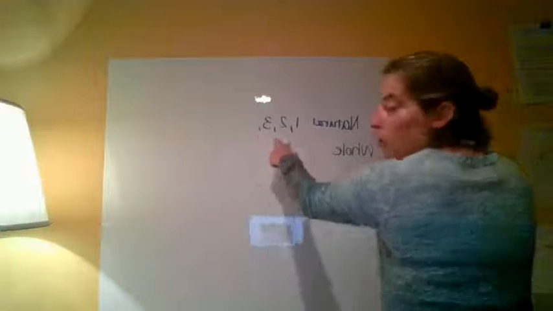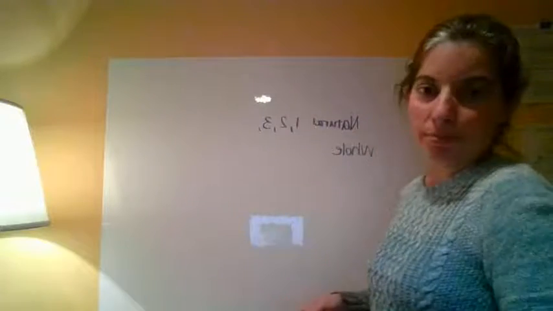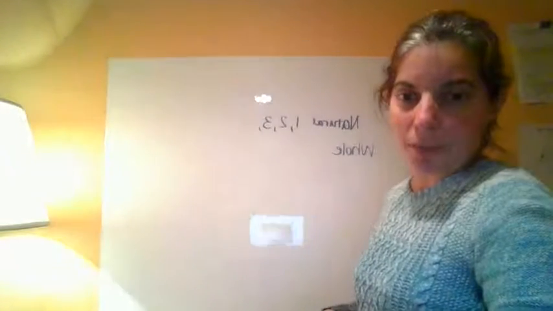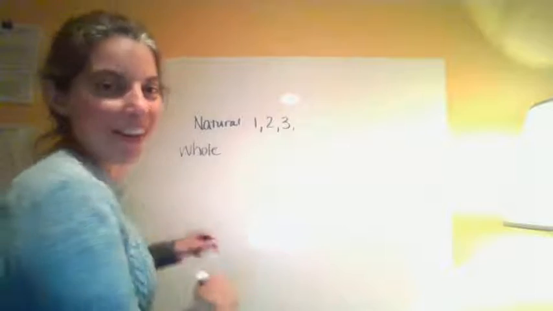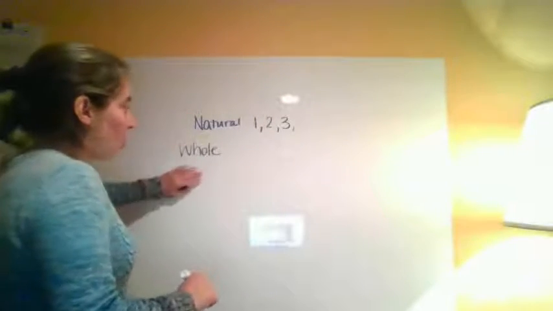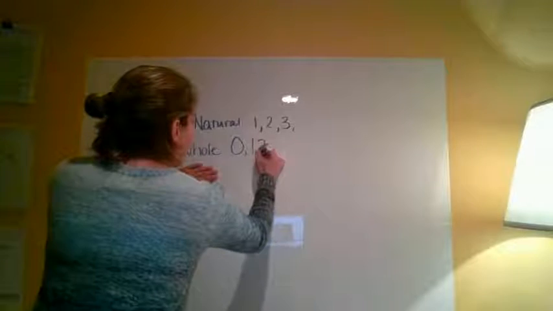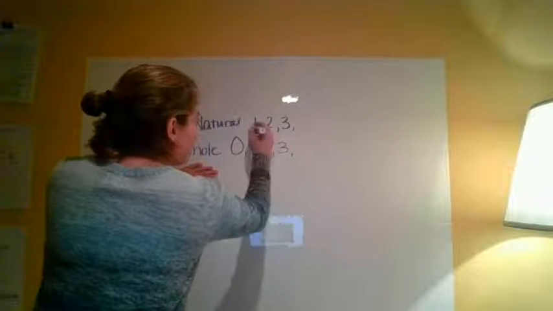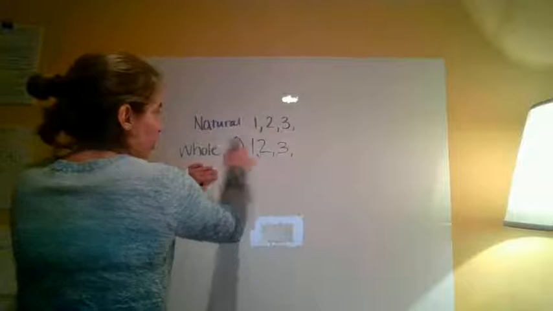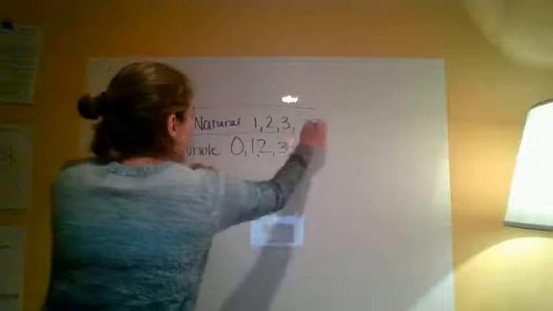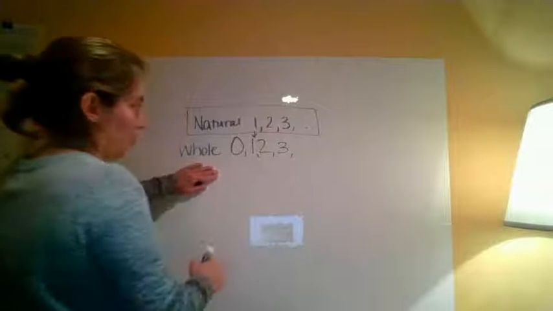Whole numbers include all of these. So whole numbers are going to have all of those natural numbers in them, but also 0. So these natural numbers are part of these whole numbers, okay?